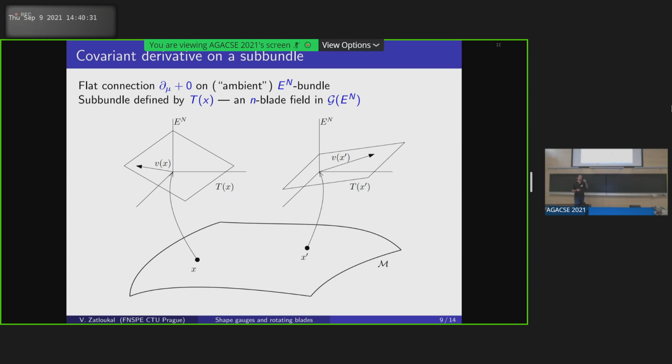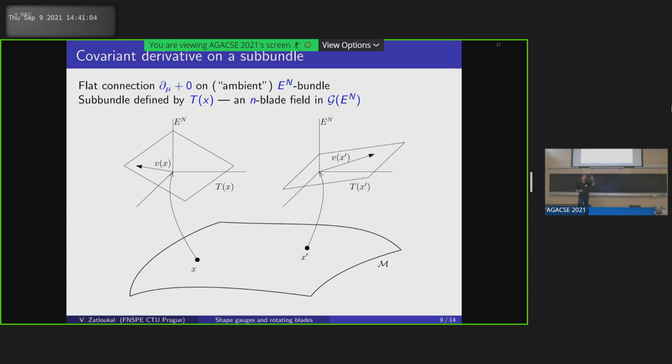It's analogous to the pseudoscalar of the manifold, but I use a different letter just to distinguish things. But T of x is really the rotating plane. And we can have vector fields that are parallel to the planes T of x at every point.